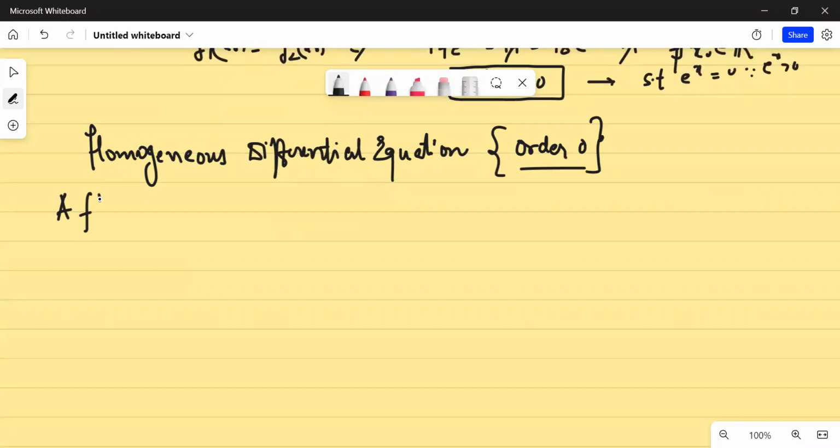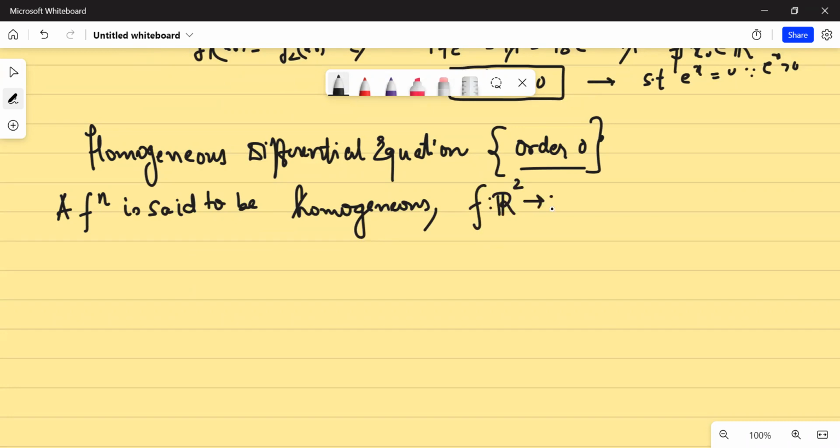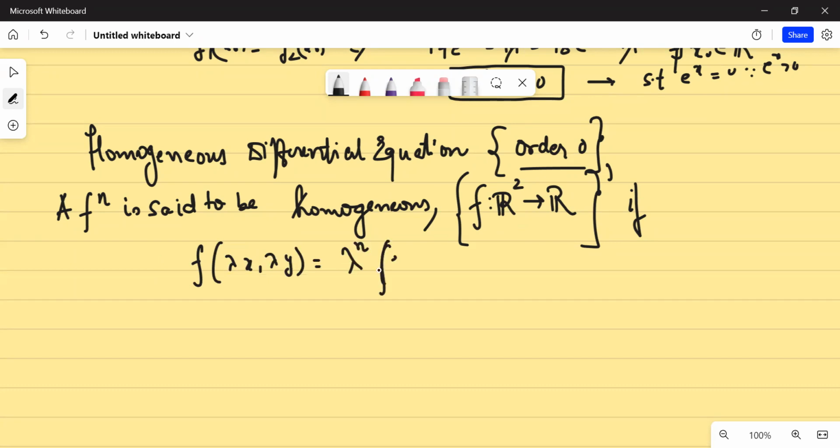So a function is said to be homogeneous, and let's say I'm taking a function of 2 variables, that is f, is said to be homogeneous if f of lambda x, lambda y is equal to lambda to the power n times f of x comma y, where n belongs to some integer.